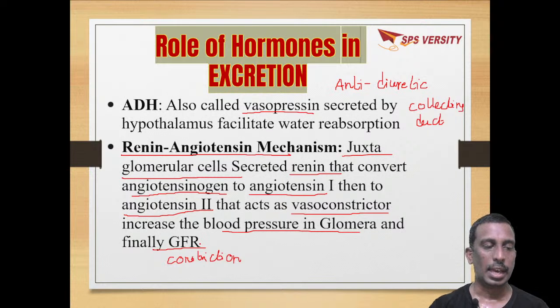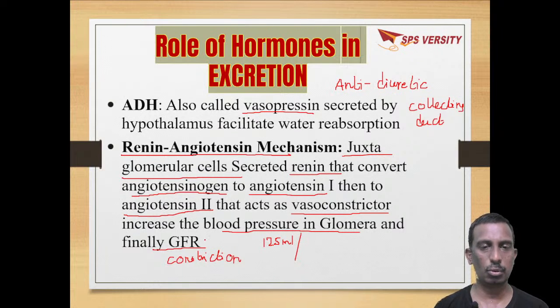The value of glomerular filtration rate is 125 ml per minute. This is the normal value, which indicates the effective functioning of kidneys.